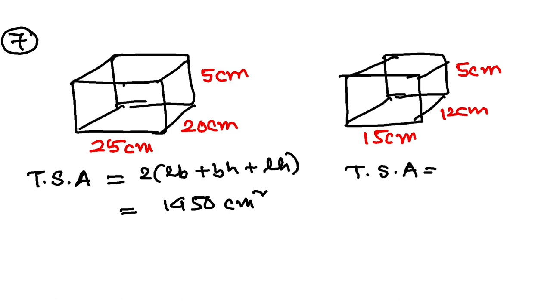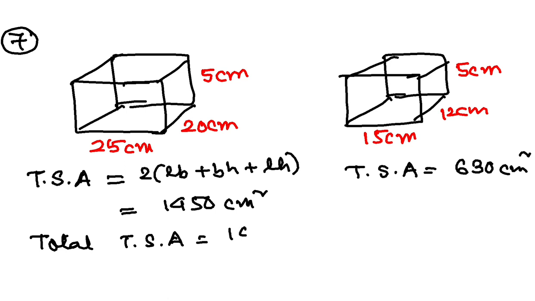Please calculate and you will get 630 centimeter square. So what is my total TSA of both the boxes? I'll add 1450 plus 630, this will give you 2080 centimeter square. Done.